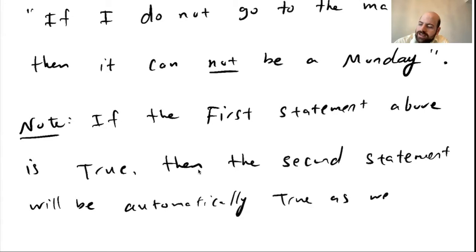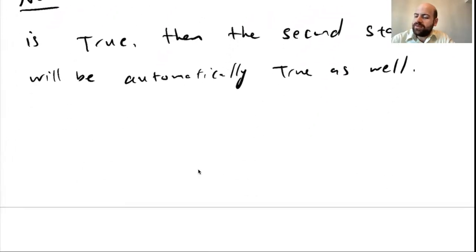So this suggests that the contrapositive of a statement and the original statement must be logically equivalent. This example suggests it, but let's verify this with a truth table. The easiest way to verify whether two statements are logically equivalent or not is using a truth table.